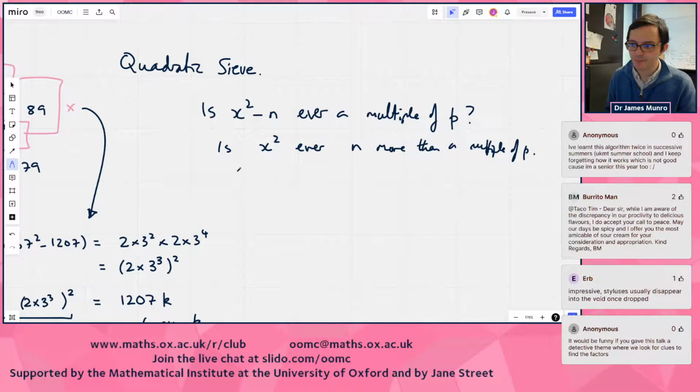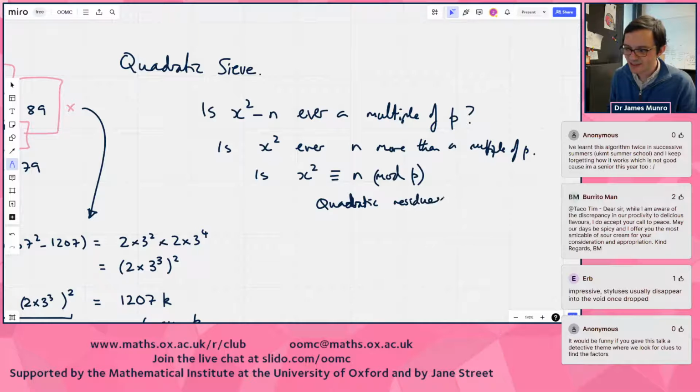Which is maybe a little bit more like saying, is x squared ever equal to n modulo p? If you know about modular arithmetic, there's this other way to write it. Which then people start talking about square roots and quadratic residues. I can't spell. Quadratic residues. To try and get that kind of insight into which primes we're going to see on the right-hand side, which primes are we going to work.